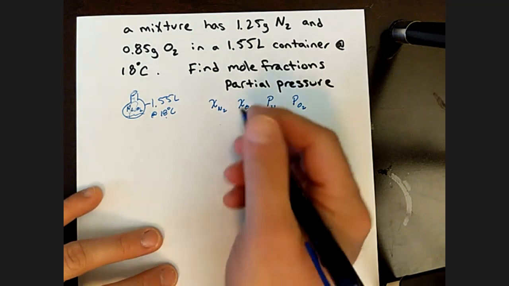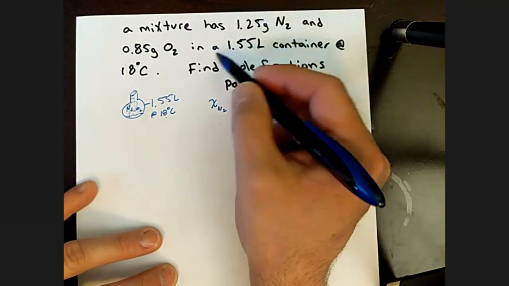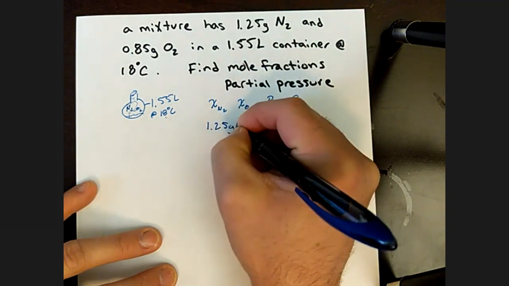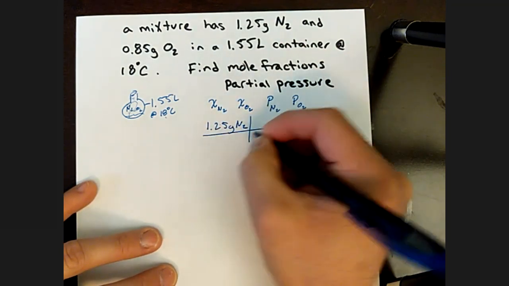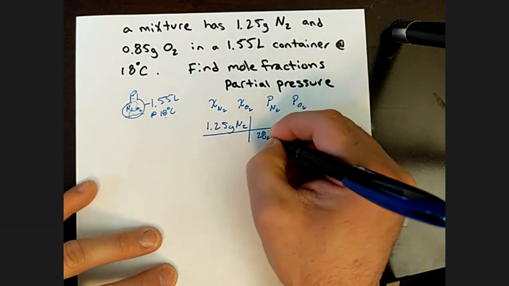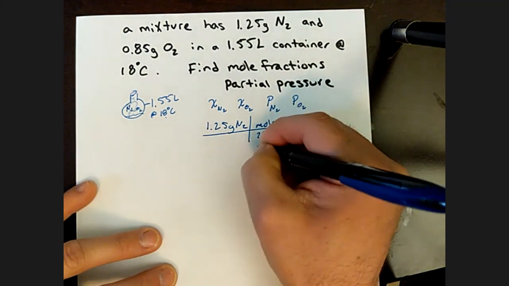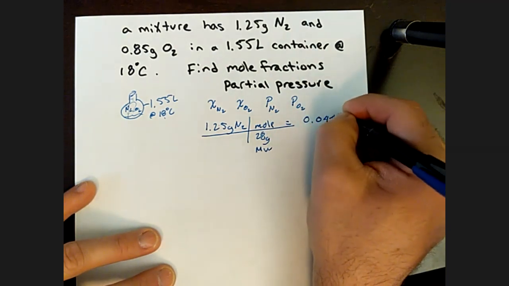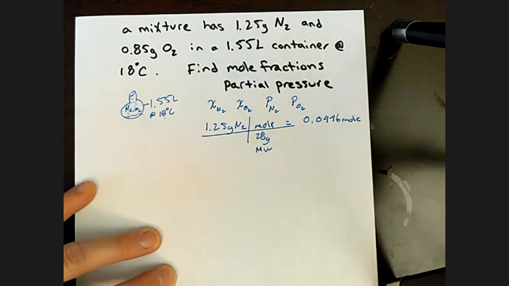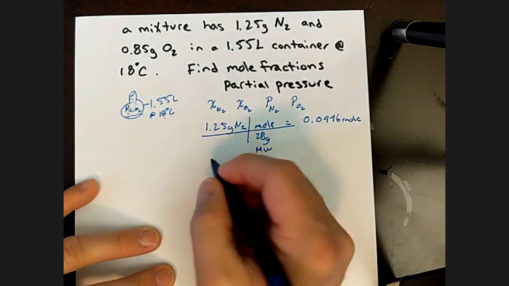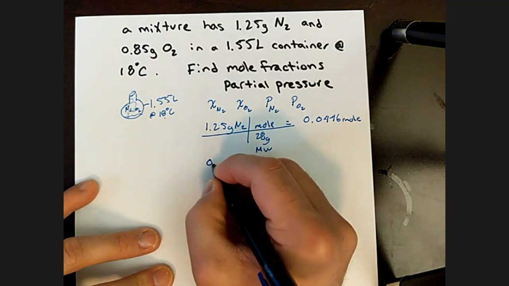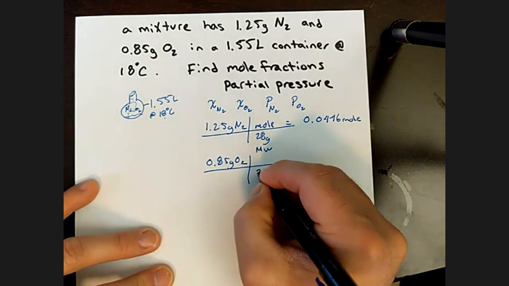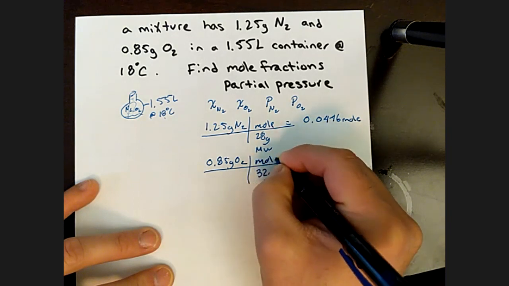Okay, so we're told the mass of both of these in the problem. All right, so what we want to do is just find out how many moles of both of them are present, divided by the molecular weight.